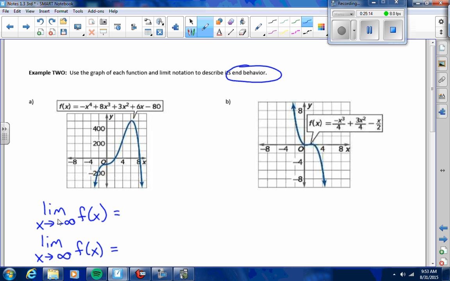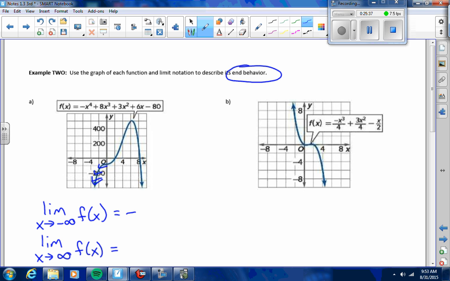So the first one, the limit as x approaches negative infinity of this function. The function is negative x to the fourth plus 8x cubed plus 3x squared plus 6x minus 80. X is going as far to the left as possible. So as it's going further to the left, where's the function going?